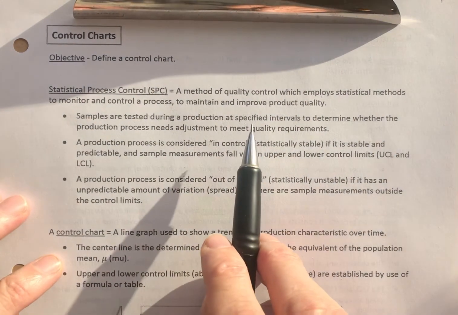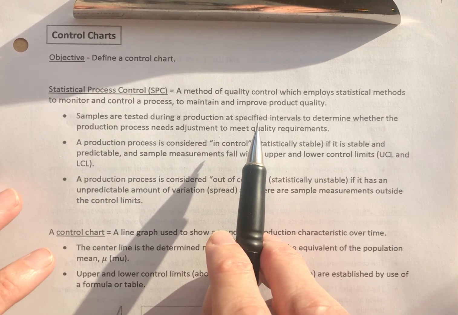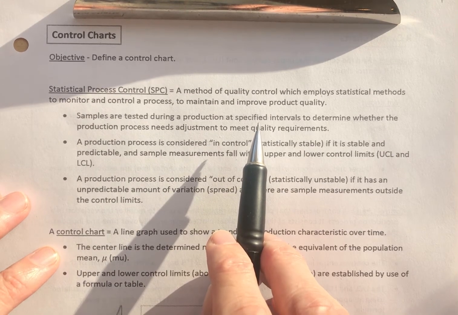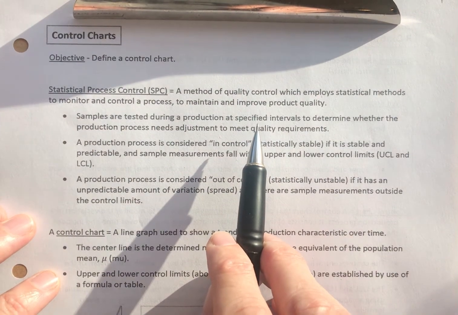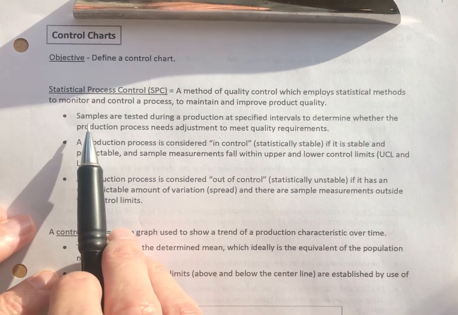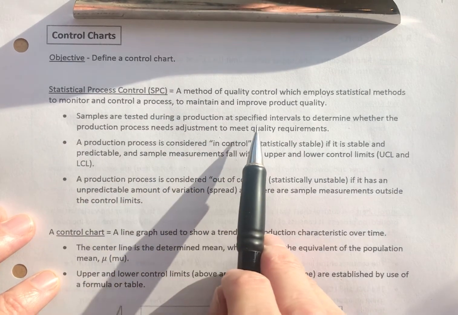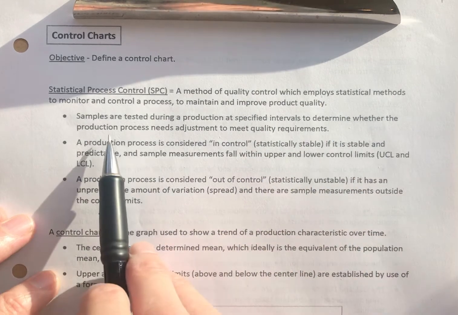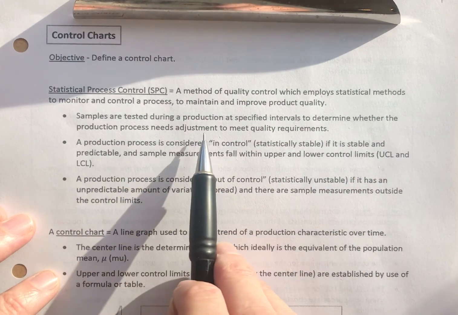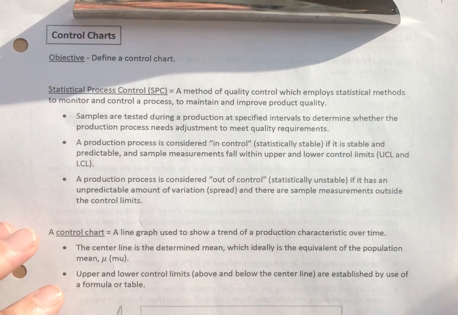So anyone who is producing something will be doing this to make sure that the quality of whatever they're producing is consistent. And what they do is they take samples that are tested during a production at specified intervals to determine whether the production process needs adjustment to meet quality requirements.